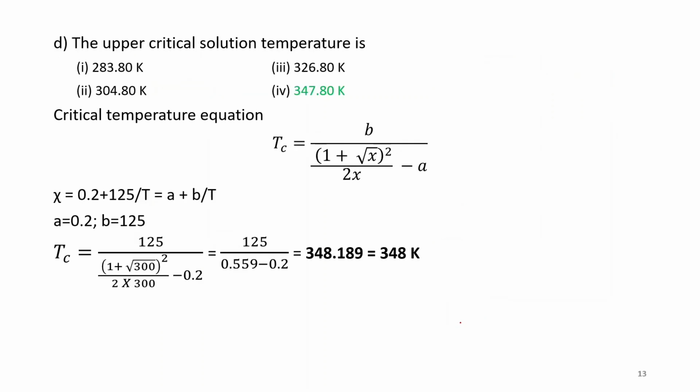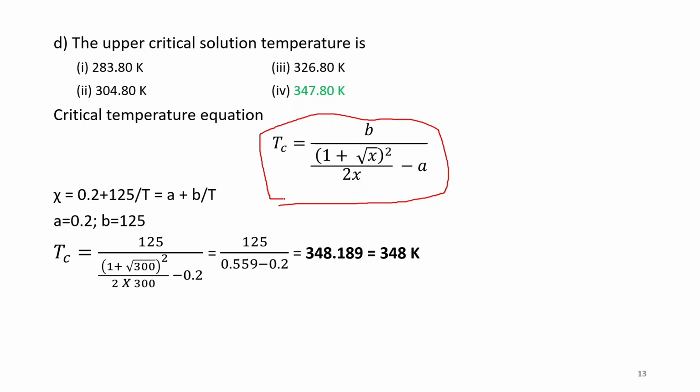The next part is the upper critical solution temperature, which we need to find. We know the critical temperature equation from the notes, which is Tc equals to B upon (1 plus root x) whole square divided by 2x minus a.